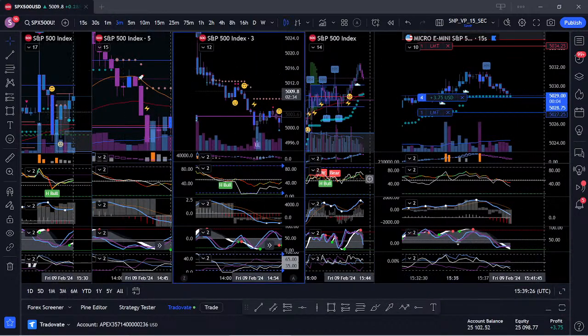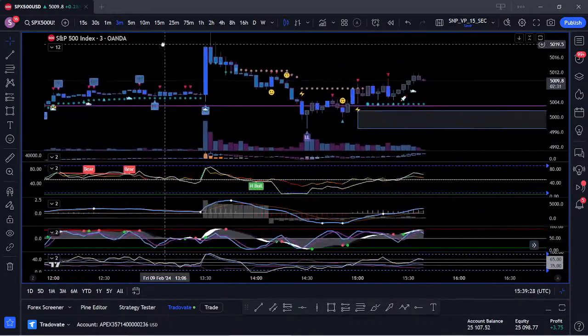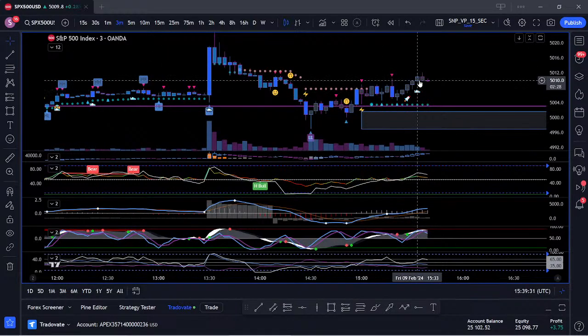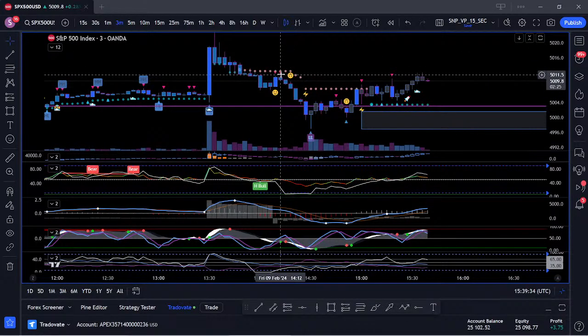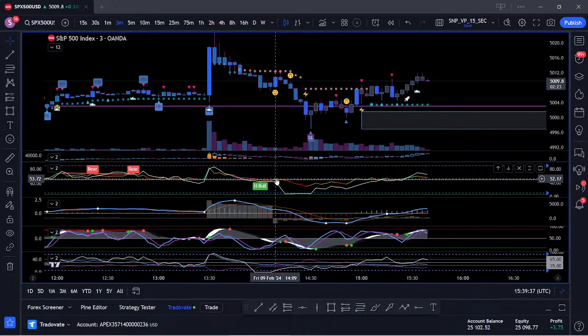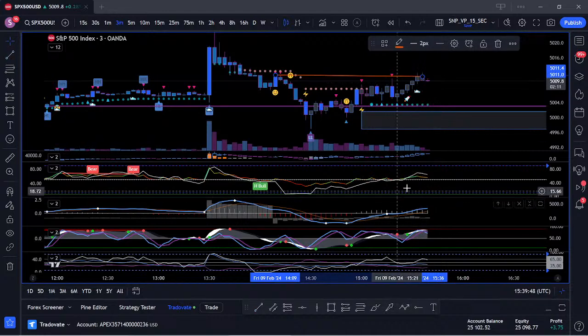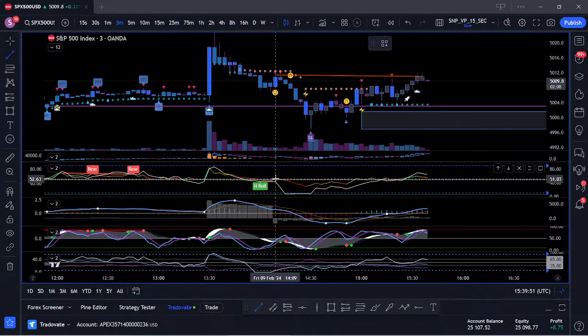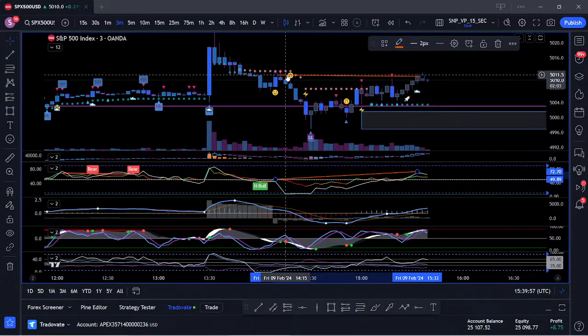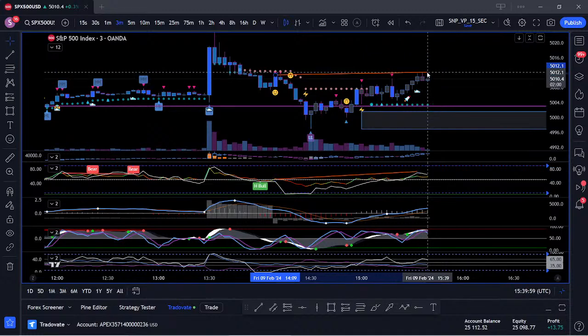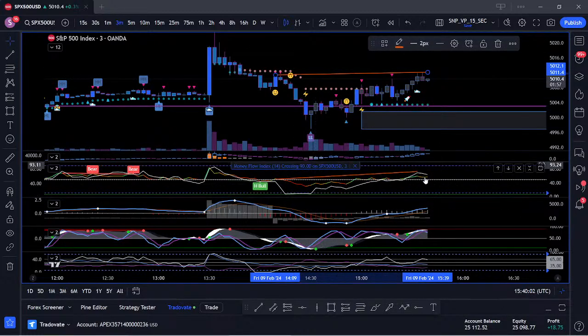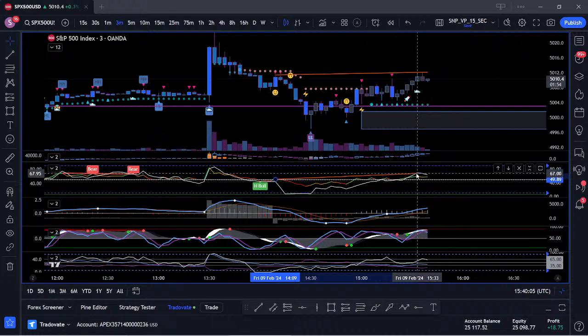Let's see on the 3 minutes if there is any divergence on that area. This is the up, this is the up, lower high, higher high. Okay, this is genuine. See, we don't have a divergence. New high on the RSI. Let's make it simple. Higher high, and also almost a higher high here. Higher high, higher high, and also the RSI is a higher high.